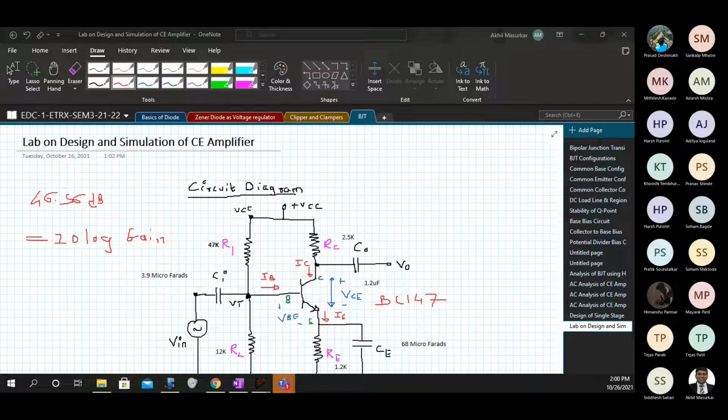Okay, Prasad, you will get the correct answer. What is the value of gain? 46.56 minus 20 log of x. If you put this in the calculator and shift solve it, how much will be the value? 212.81.